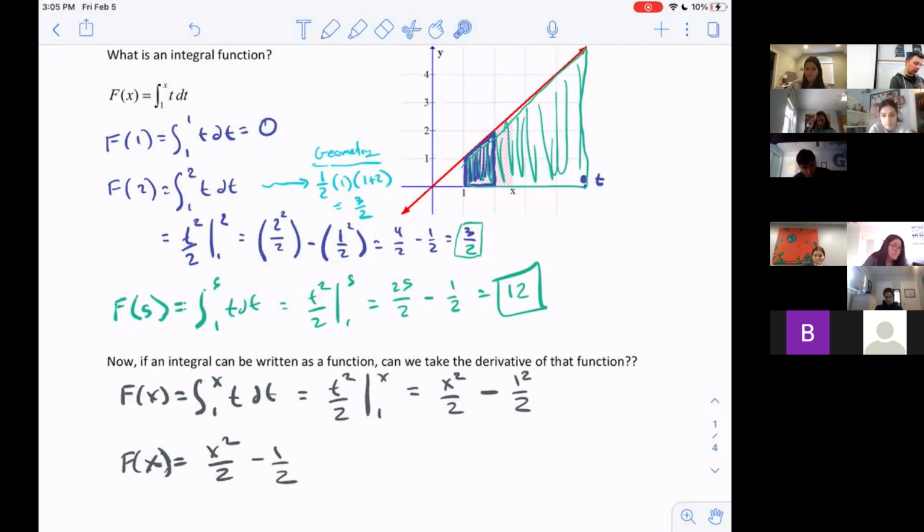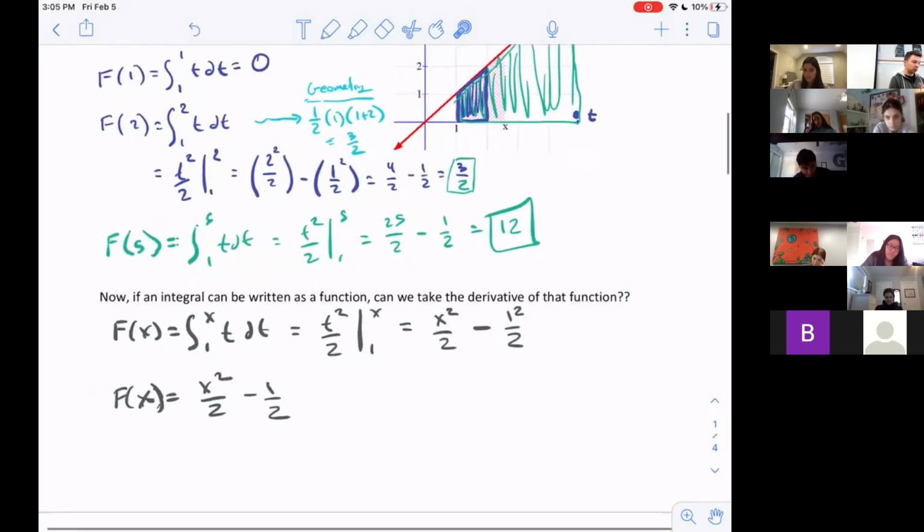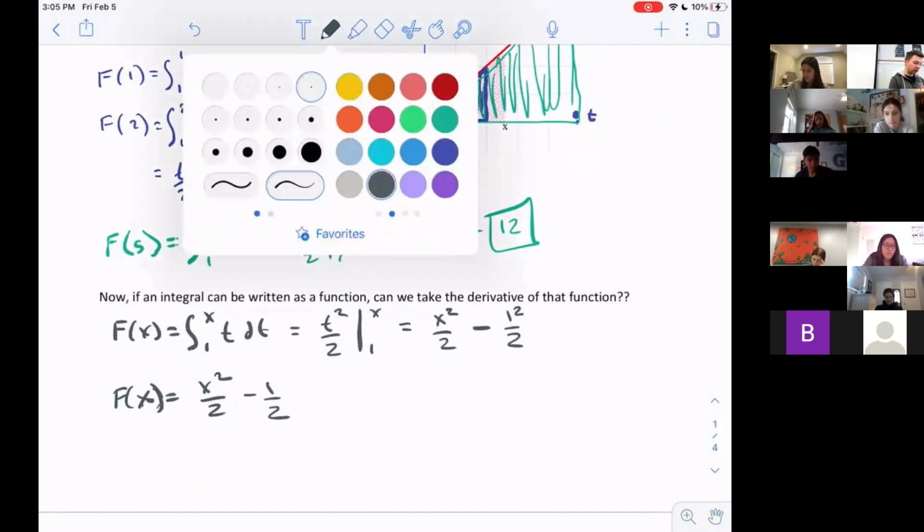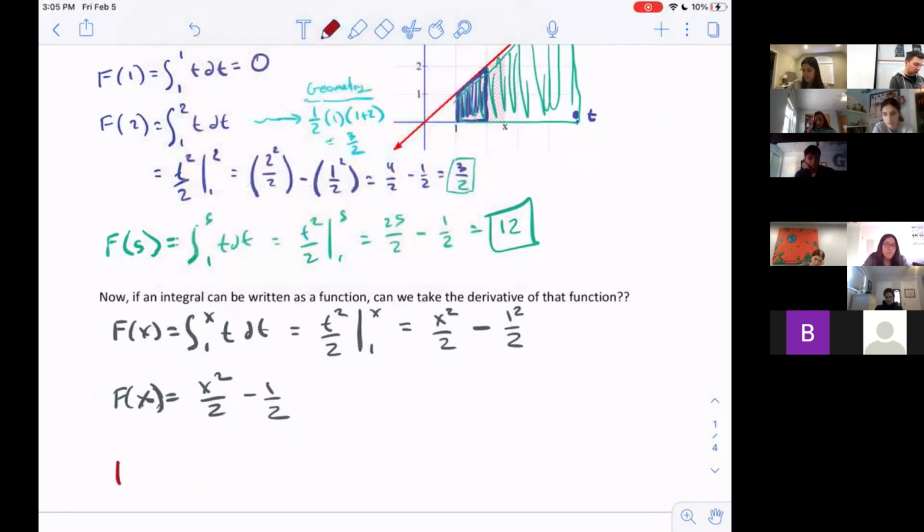So while I didn't know how to take the derivative of the integral, I can take the derivative of this. We've got to turn on our derivative brains. Doing so many integrals, now we're going to go back to derivatives. Derivative, bring the exponent in front, subtract 1. So 2x to the first over 2.